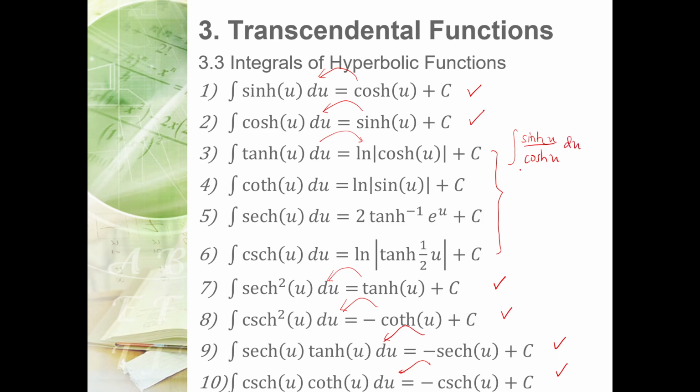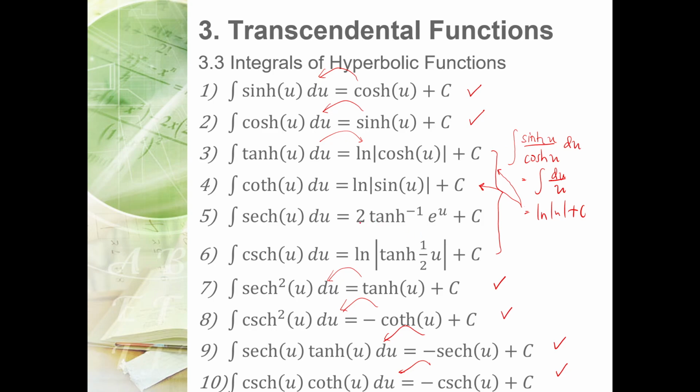That's why the appearance is more like a logarithmic integral, du all over u, right? So it became ln u plus c. So more likely formulas 3 and 4 are derived in this manner. Okay?